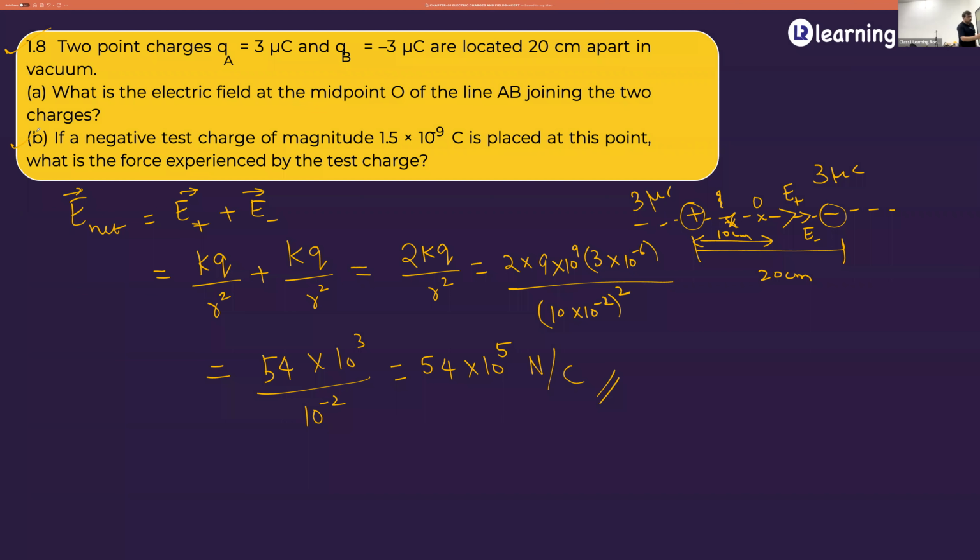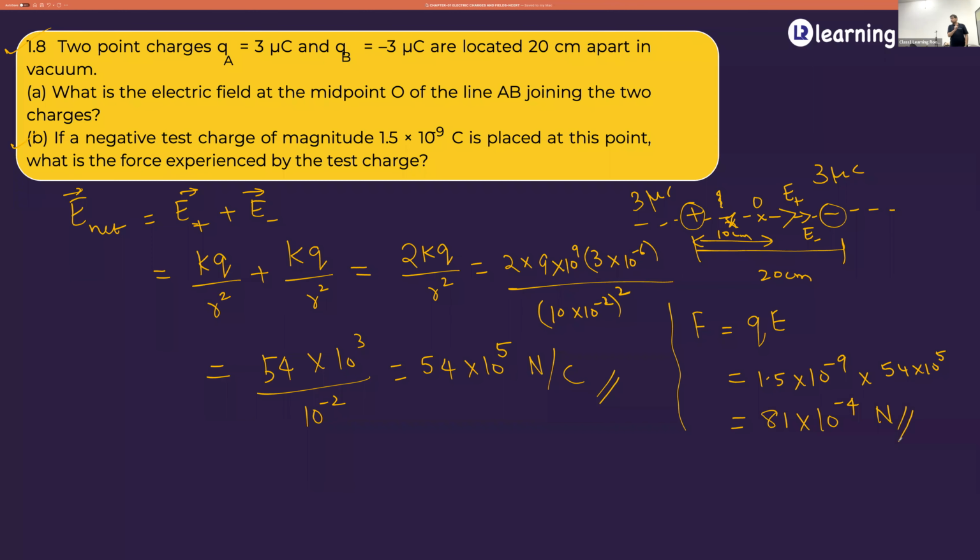Basically, when you know the electric field at a particular point and you are placing a charge in the presence of electric field, then force is written as Q into E. So Q is 1.5 into 10 power minus 9 multiplied with the electric field 54 into 10 power 5. 1.5 you can write as 3 by 2, so it will be 27, and 27 into 3 is 81. So 81 into 10 power minus 4 Newton.